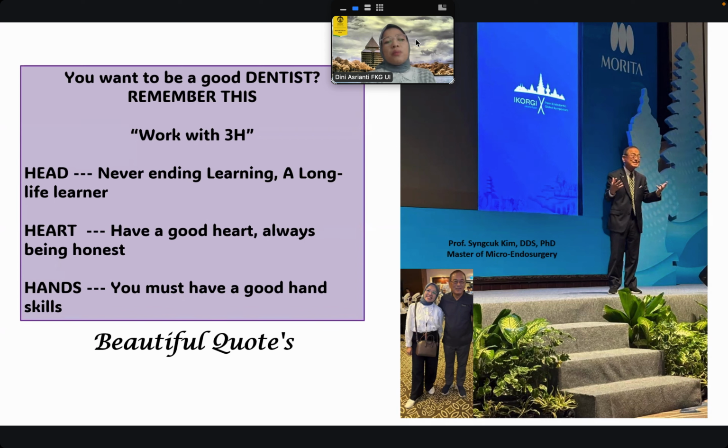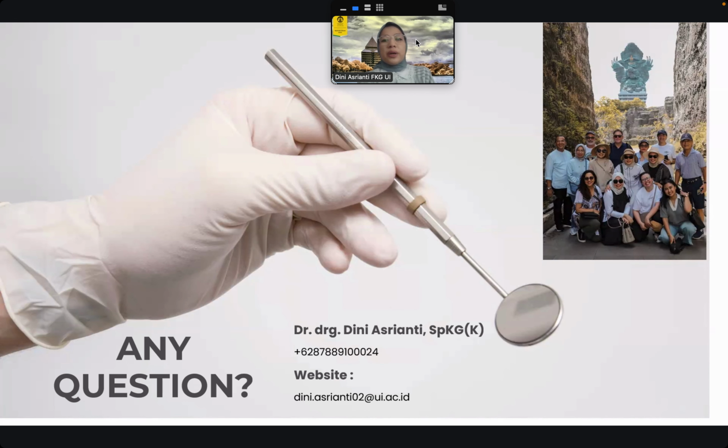So by this quote, I believe that right now as students, you have to start being good students. And in the future, hopefully, you will be a good dentist with these 3H. Any questions?